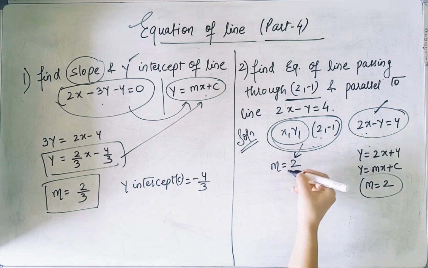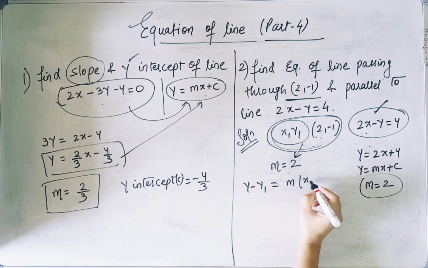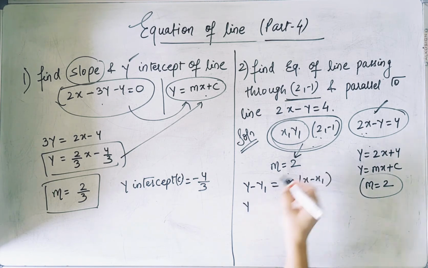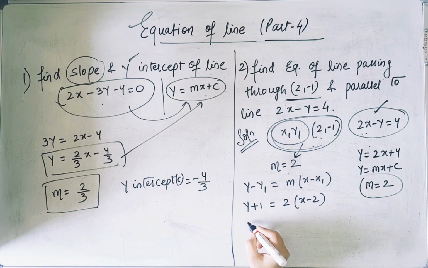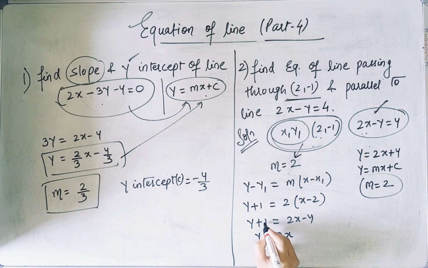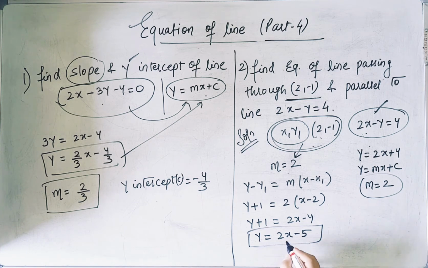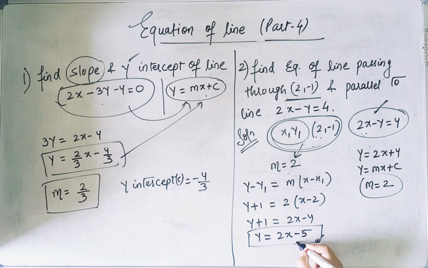Now we know if a point and slope are given, the equation becomes y minus y1 equals m into x minus x1. y1 is minus 1, so it will be plus 1, m is 2, x minus 2. y plus 1 equals 2x minus 4, thus y equals 2x, and 1 will be shifted to that side, so we get y equals 2x minus 5. So this is the required equation of the line passing through the point (2, minus 1), and this line is parallel to the given equation of line.